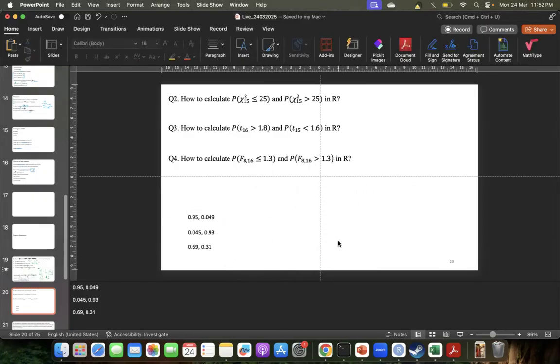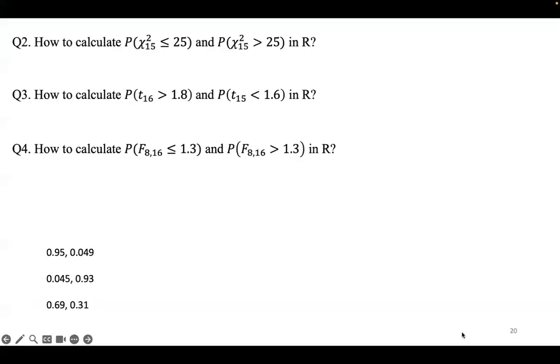But yeah, this is the answer that you should get. Also read the question carefully. So for example, if it's T with 16 and this is T 15, then these are different values.